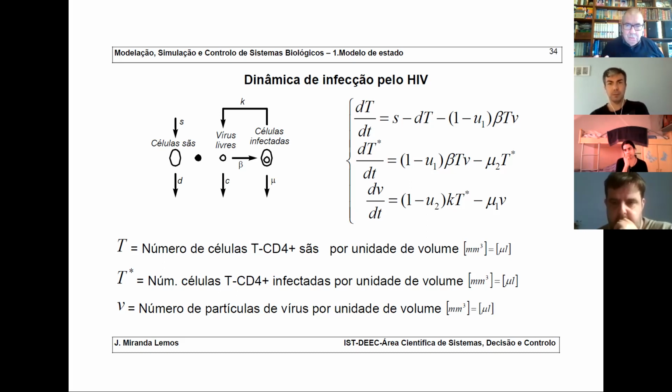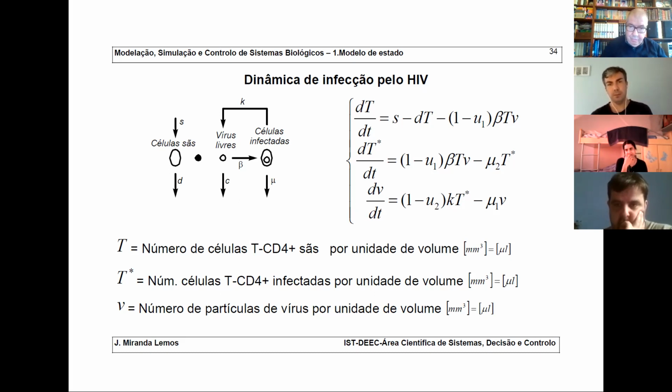These equations are non-linear, so you can have several values of T star and V that make the derivatives vanish. Now, my question is, can we say that we have more than one possible equilibrium or not?